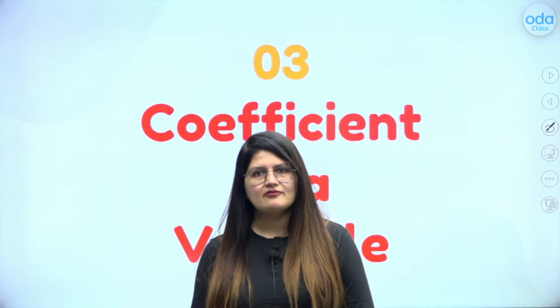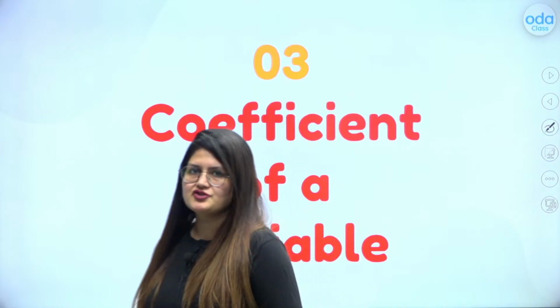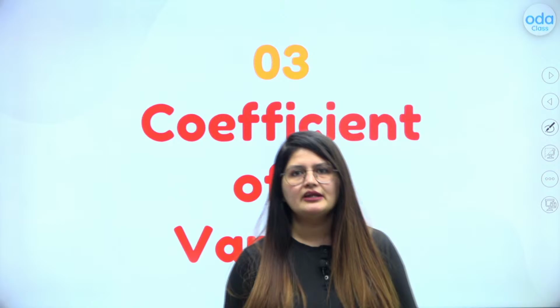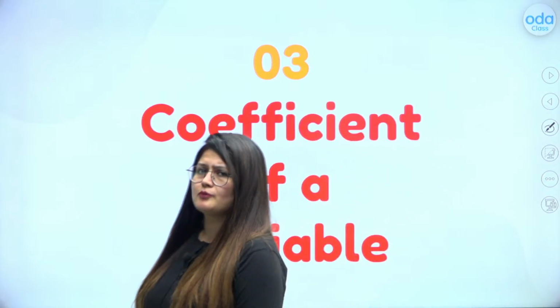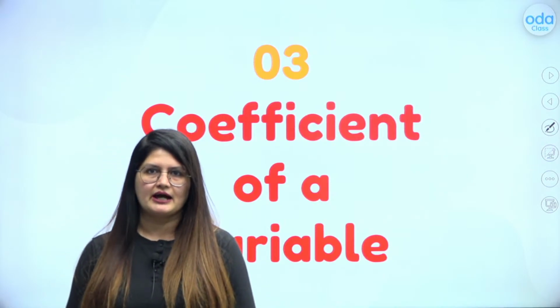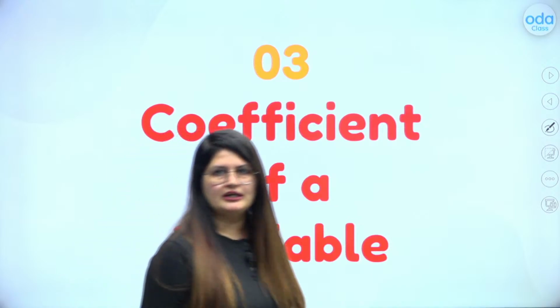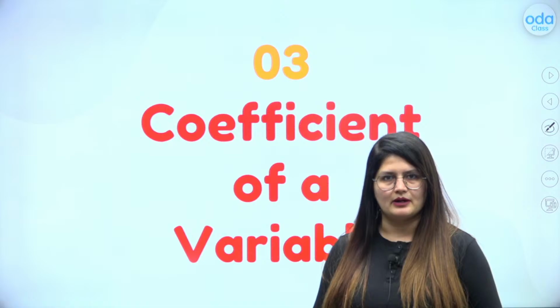In the same way, whenever we are talking about algebra, we also have the partner of numbers, or the partner of variables. So here we are going to talk about the coefficient of a variable. That means who are the partners of the alphabets that we are talking about.